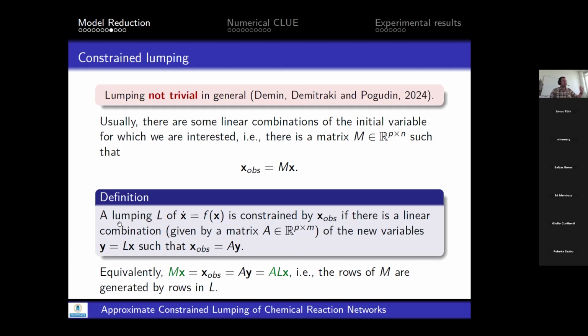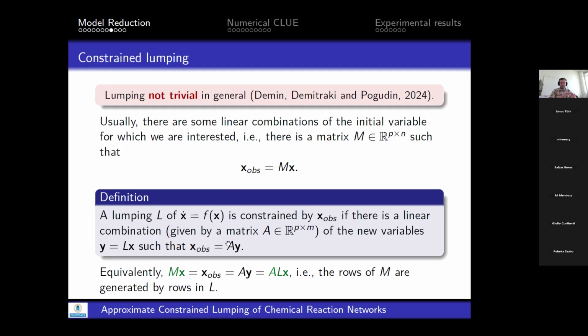And then we say that a lumping L of the system is constrained by this observable if there is a linear combination of the new variables, y, such that you can recover this information. So essentially, what I'm saying is, you want to preserve the observable, so you reduce the system in a way that you can recover this information. And this is what is coded in this equation over here.